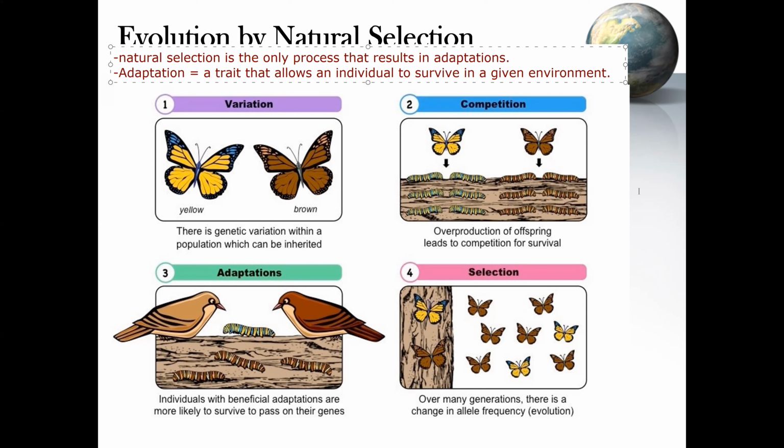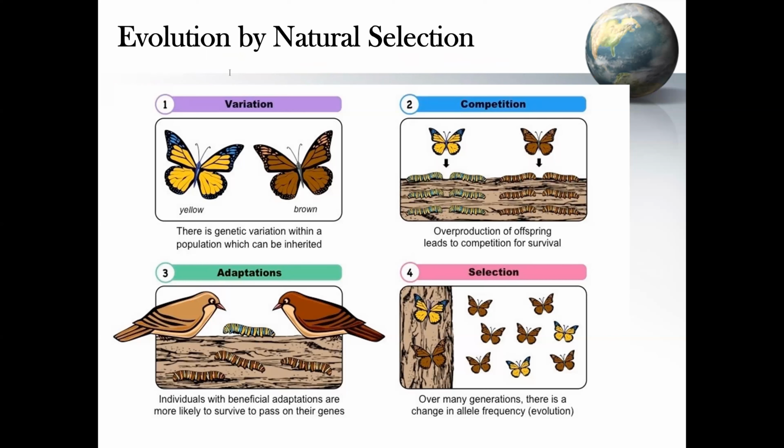Now, there are several requirements for natural selection to occur. So first of all, there has to be variation in a trait. So here we're looking at wing color for butterflies. So the trait is wing color.